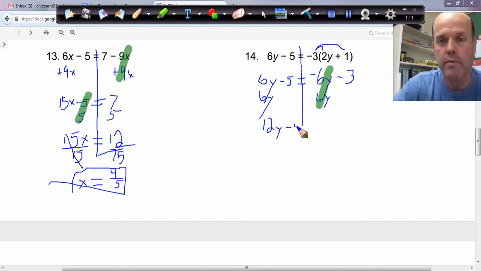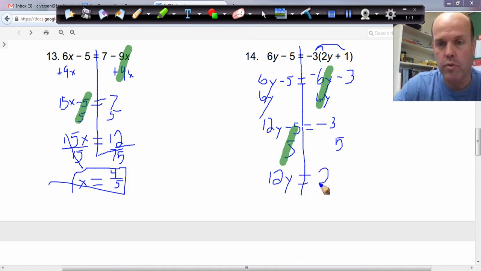Y minus 5 is equal to negative 3. So we're going to add 5 to both sides. So my 5's are going to cancel. I get 12y is equal to 2.